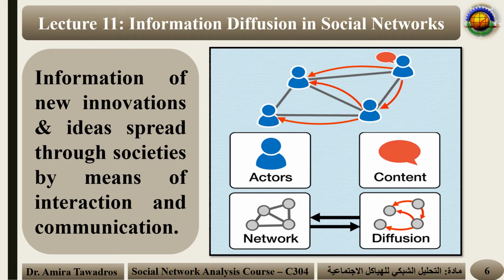The way information diffuses or new ideas and innovation diffuse through a society is changing, as the ways in which a society interacts and communicates change. So if the society changes its way and mode of communication, we expect that information diffusion will also change.